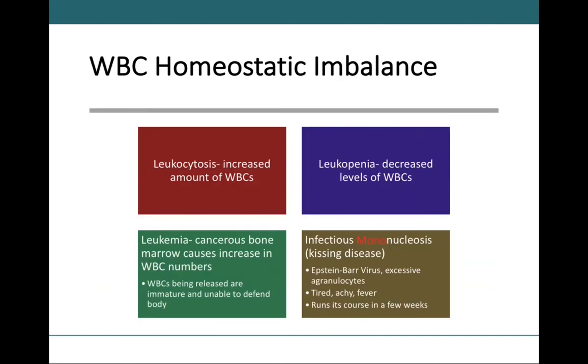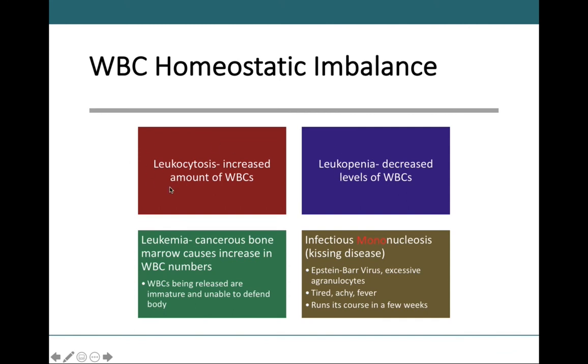Now, we're definitely going to go over each and every individual white blood cell of importance. But first and foremost, I want to also introduce you to some terms that relate to our white blood cells. So just as we had polycythemia and anemia, we also have the terms leukocytosis and leukopenia.